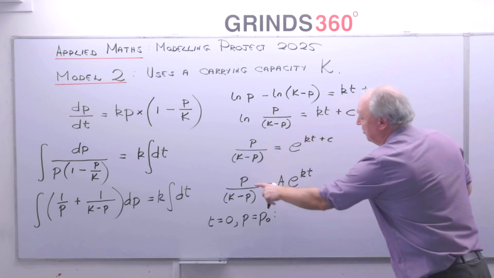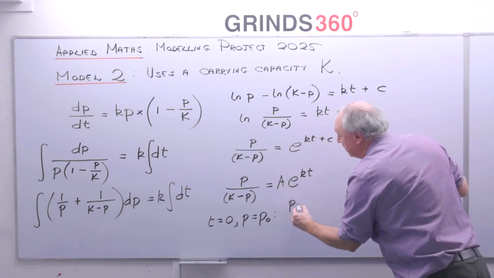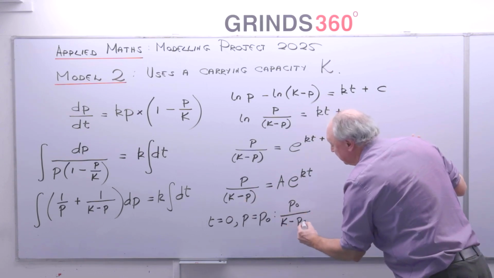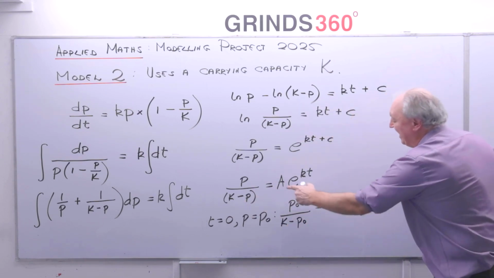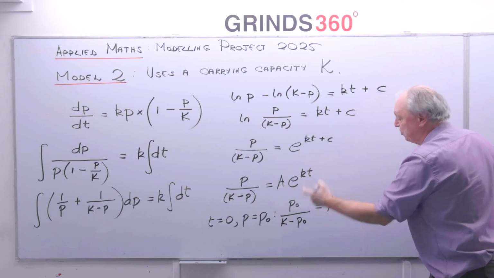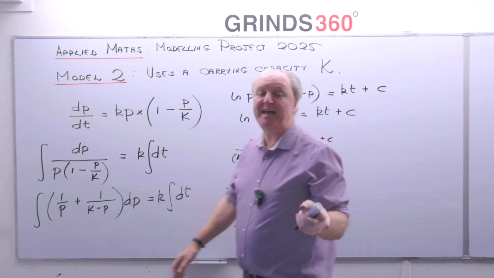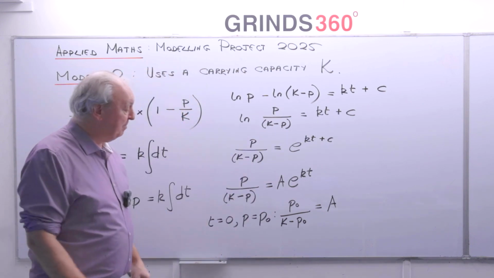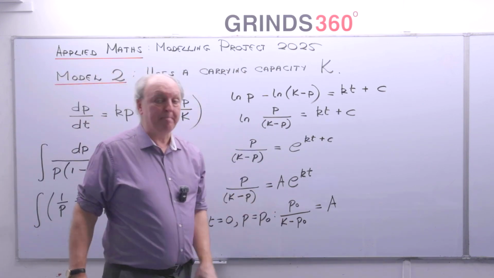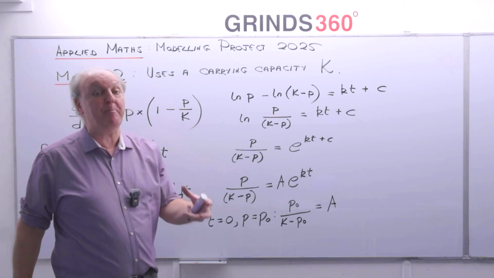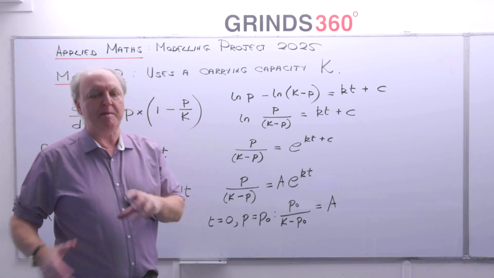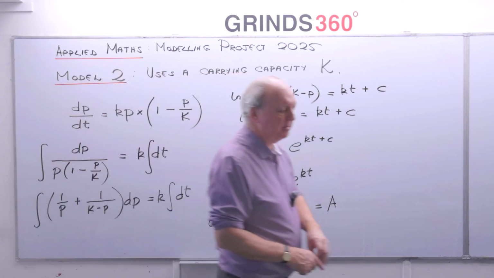Therefore, replace P by P0: P0 over K minus P0 is equal to A times e to the power of 0, which is 1. So your value of A is equal to P0 over the carrying capacity K minus P0, where P0 represents the starting population when we begin our analysis.